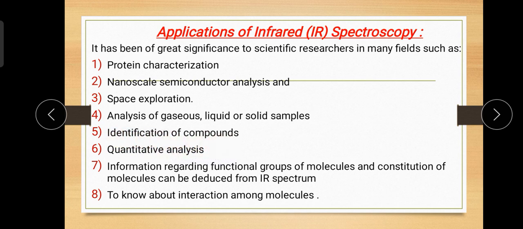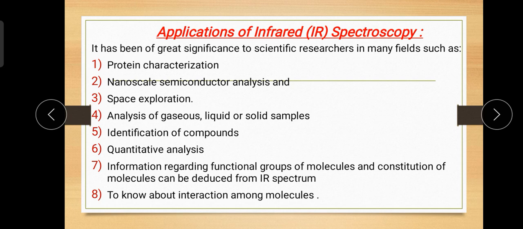Suppose we have some unknown compound and we have to identify it, then we can use IR spectroscopy. Next application is quantitative analysis. That means if we want to quantitatively analyze the given sample, then we can also use IR spectroscopy.